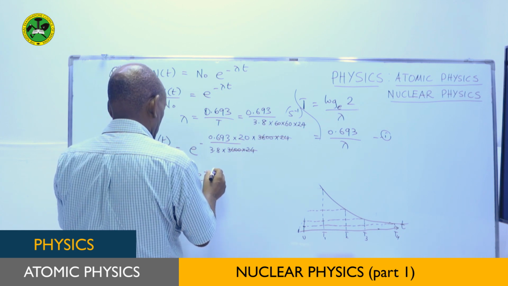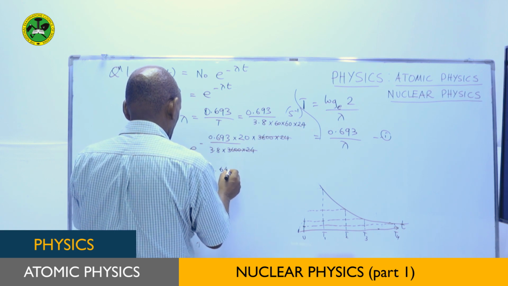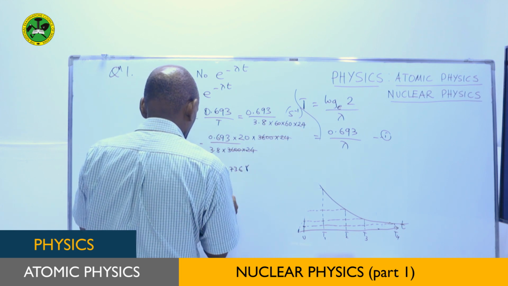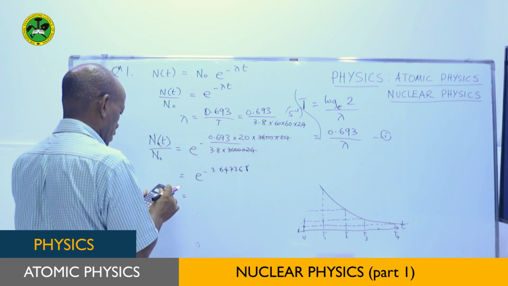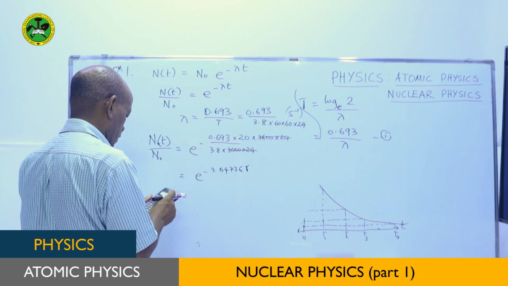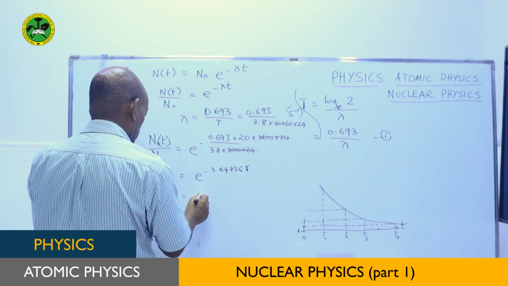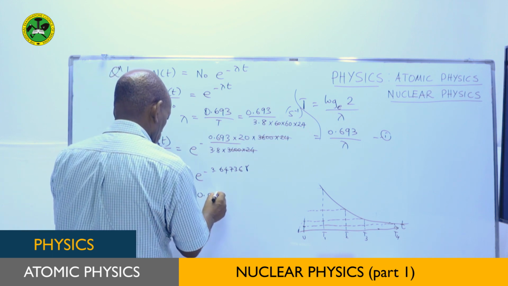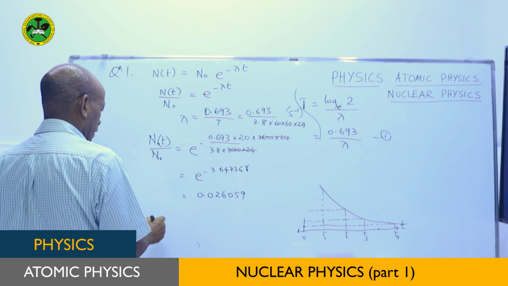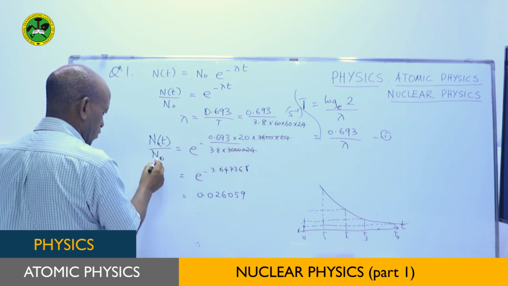So we are getting e to the power of minus 3.6464737368, and we look for the value of this, which is 0.026059. Okay, and this is N, the number of samples, over the original number.